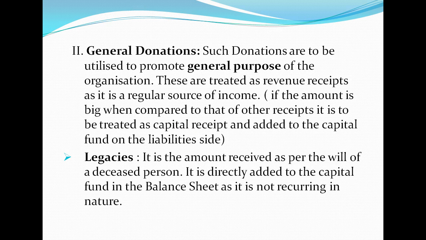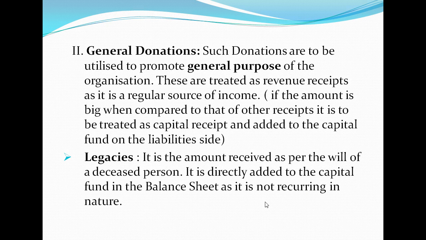Legacies. What are legacies? Legacies is the amount received as per the will of the deceased person. It is directly added to the capital fund in the balance sheet as it is not recurring in nature. As per the will of a donor, on his death, an amount will be received by the not-for-profit organization and such an amount is called legacies.